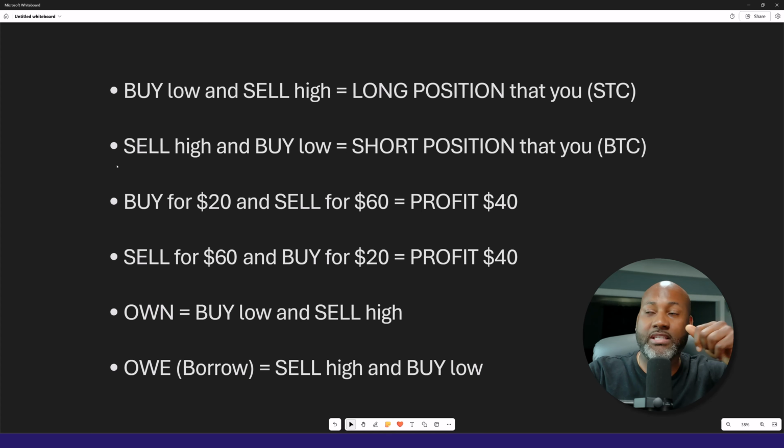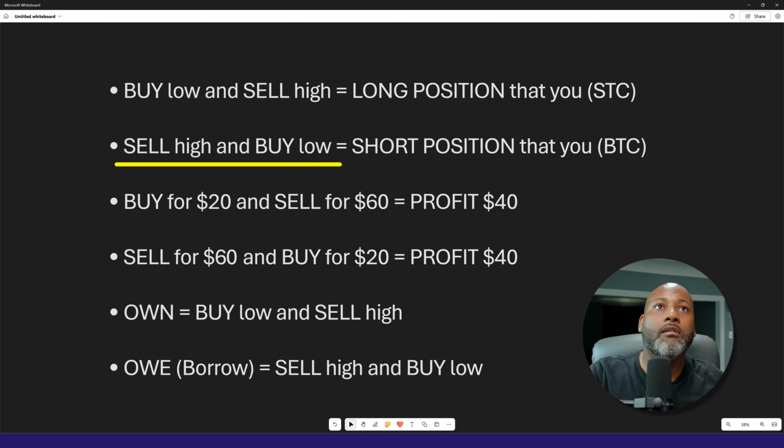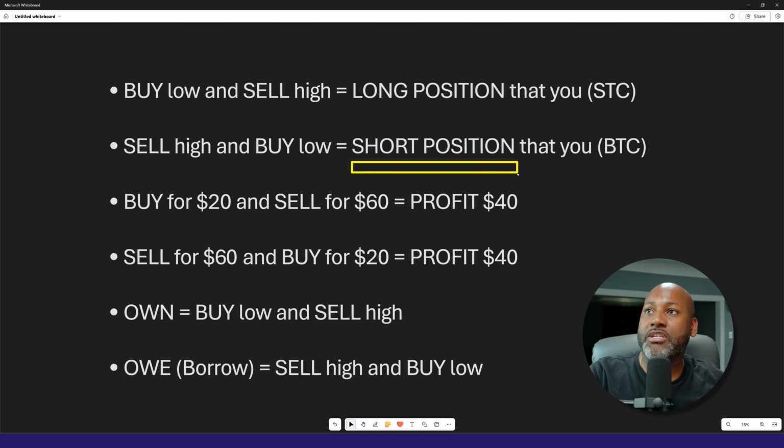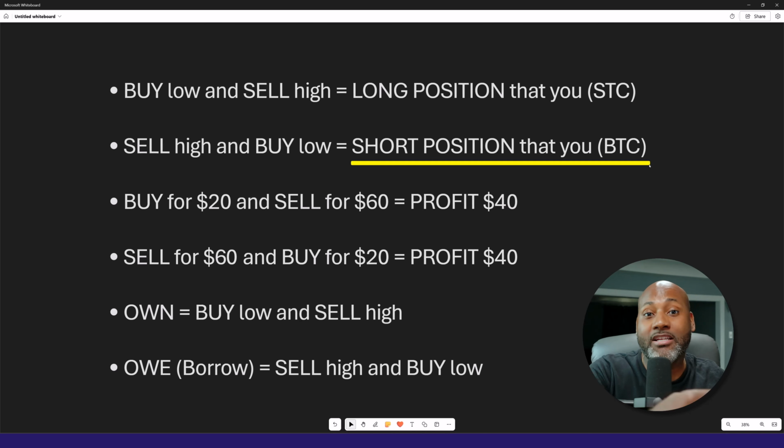But when you reverse it and do a sell high and buy low, then the idea is you're opening up a short position that you are going to have to buy to close after you open it. So you sell to open and then you buy to close.